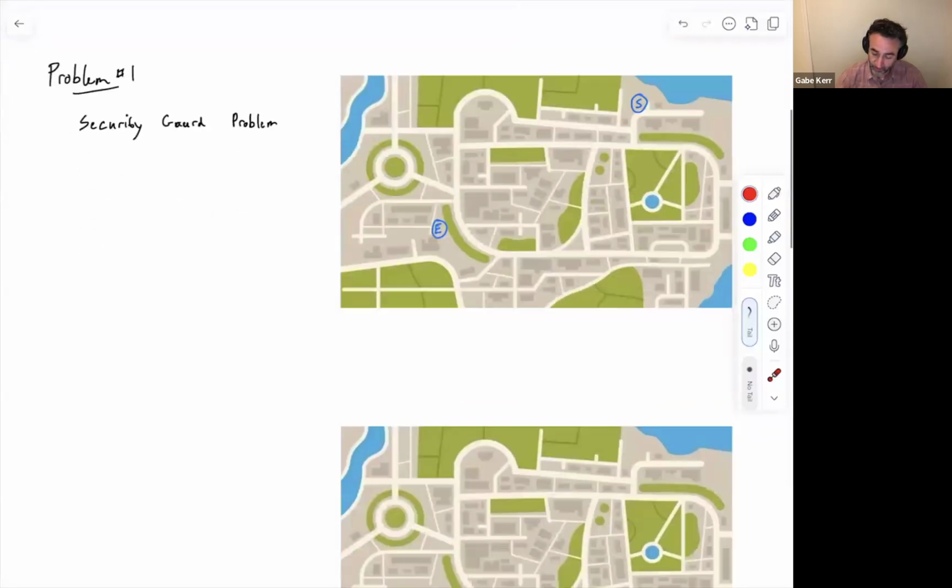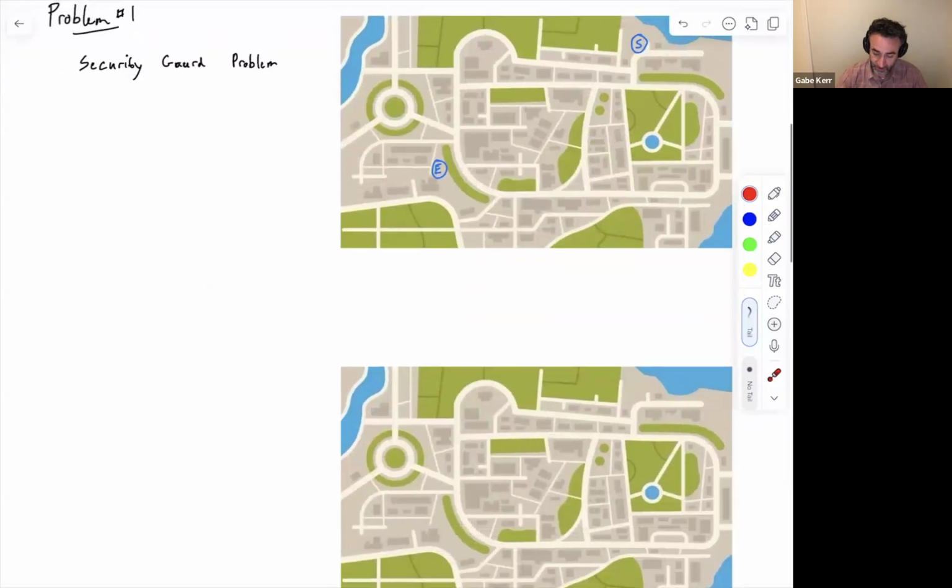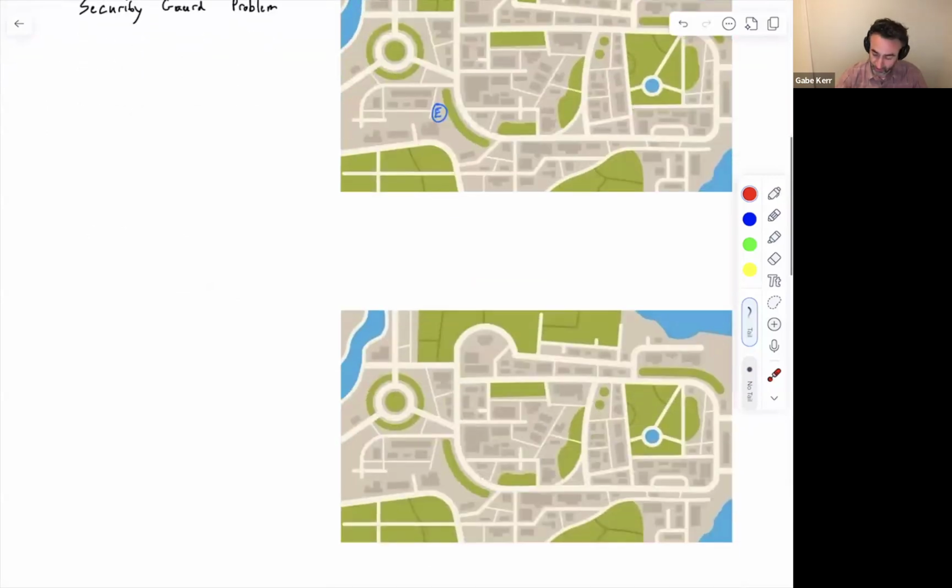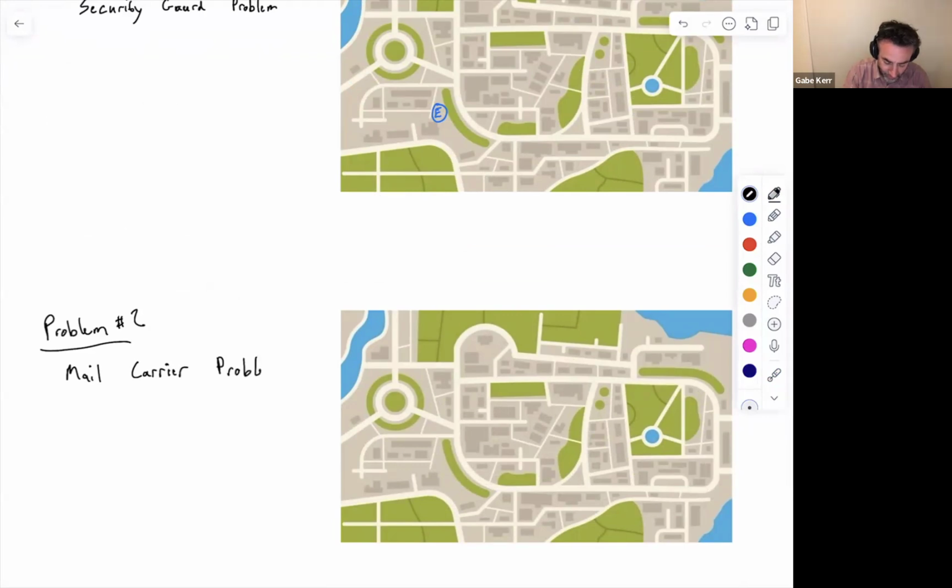Another type of problem having to do with maps and street routing is the mail carrier problem. Problem number two, the mail carrier problem. It's very similar to the security guard problem in that you have a starting point and an ending point.